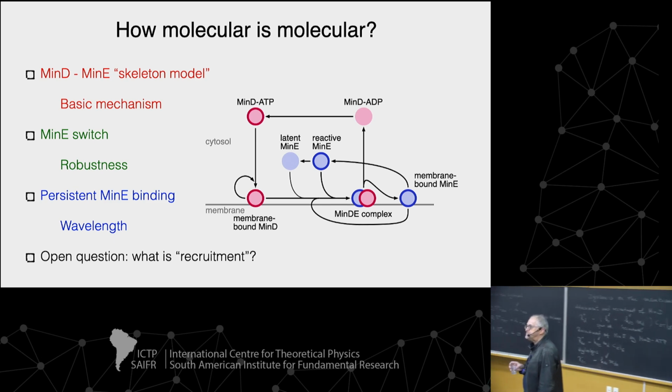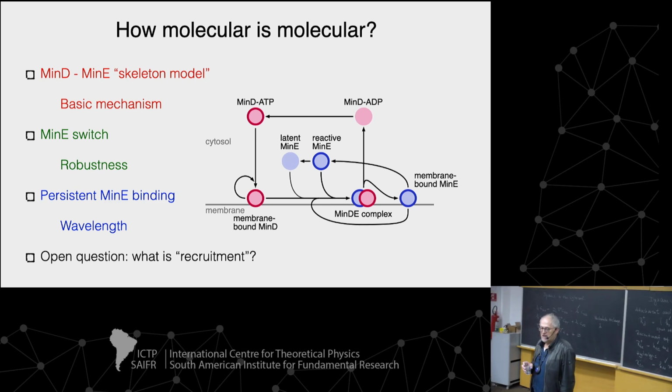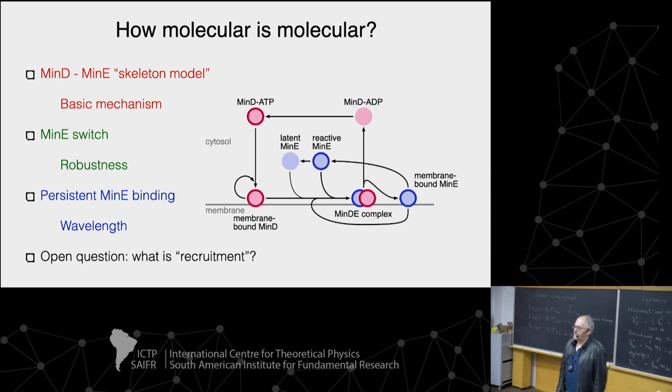Do we know what drives recruitment? We don't. I think I mentioned it before. I have a model which was developed by Andrei Gojchuk when he was a PhD student in the group. Andrei was developing a model which is based on mechanochemical coupling.